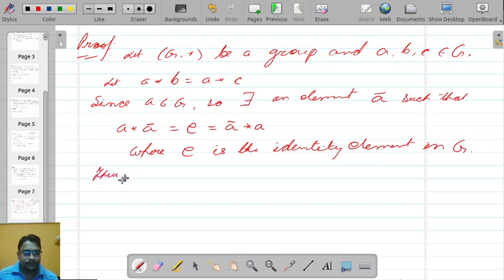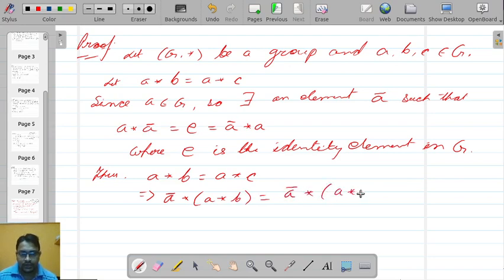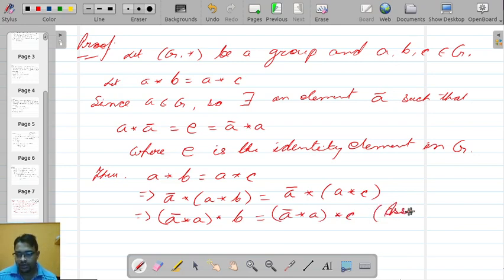Thus A star B equal to A star C implies that, composing A bar on both sides, A bar star A star B equals A bar star A star C. Then we use the associative property: A bar star A star B equals A bar star A star C. While writing in an exam, please mention the reasons.